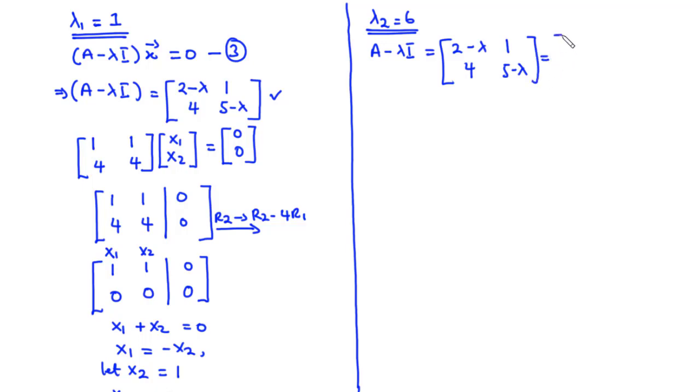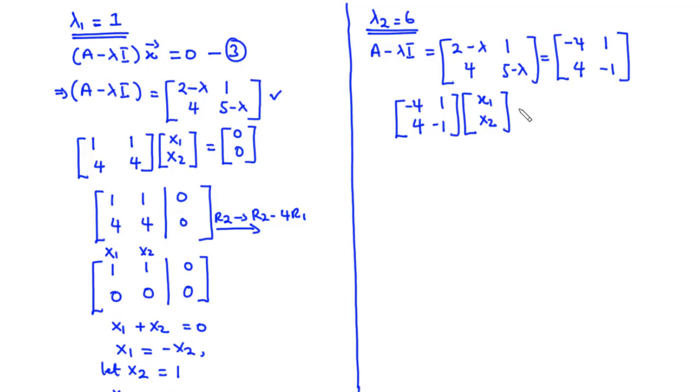Since lambda here is equal to 6, we have 2 minus 6, that is negative 4, 1, 4, 5 minus 6 is negative 1. So we have negative 4, 1, 4, negative 1 times the eigenvector x1, x2 equals the zero vector which has elements 0, 0.